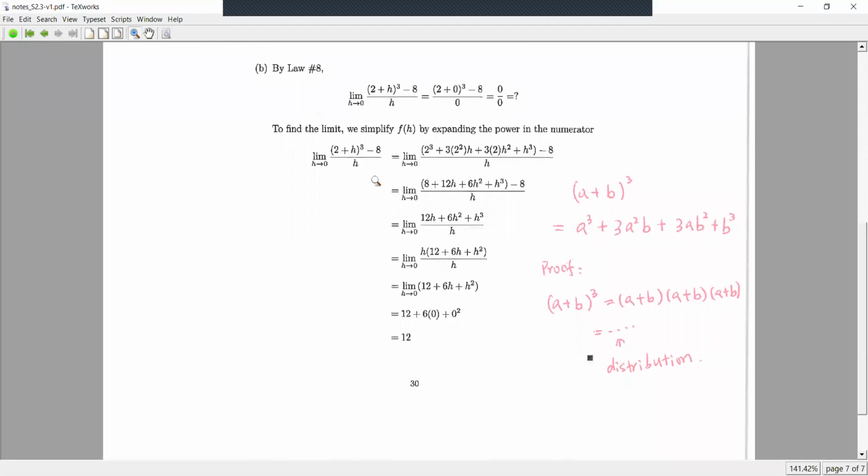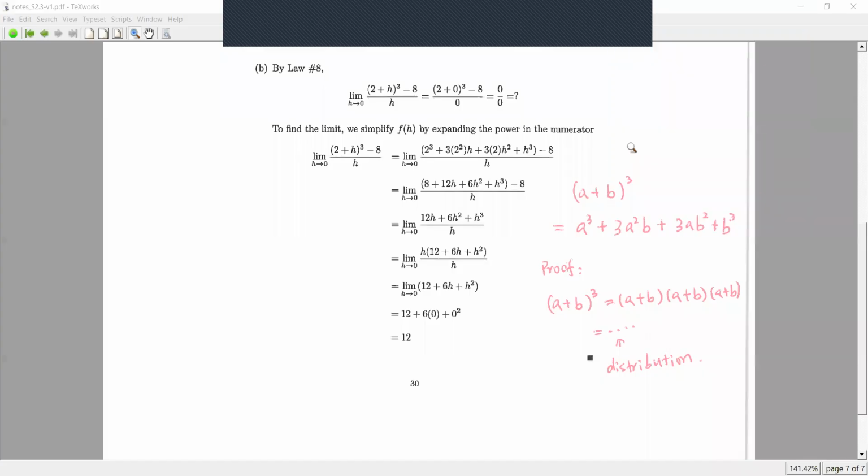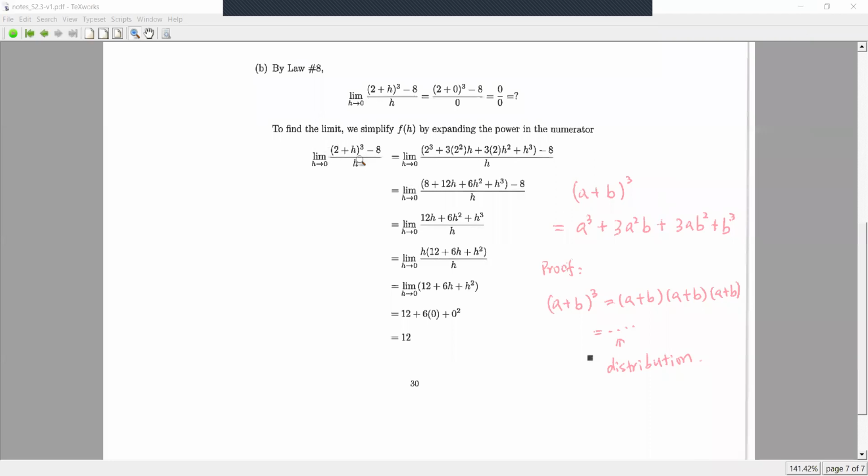This time, I simplify the function by expanding this power. We can use this formula to expand this power. This formula is easy to verify.